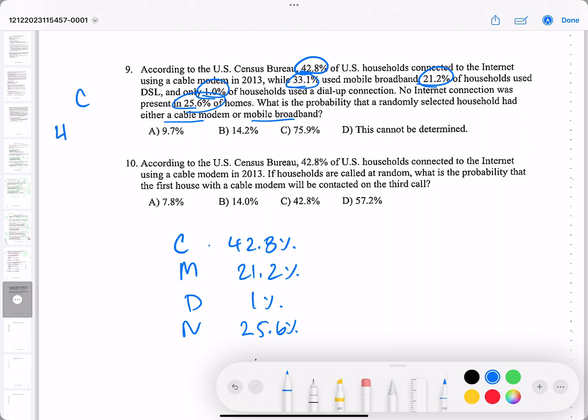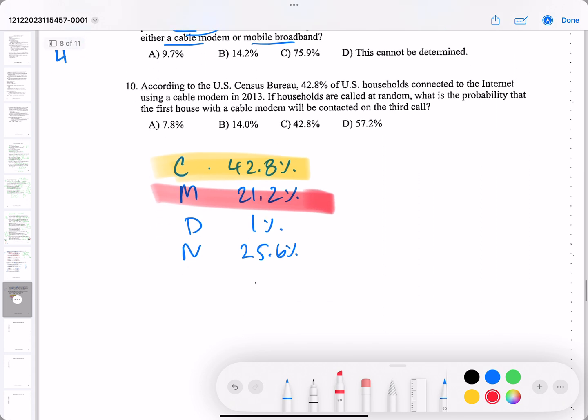Okay, so what is the probability the randomly selected household had either cable or mobile? Now, I know that cable is here and mobile is here. Now, if we add all these percentages up, let's see what we get. We get 101.6, so a little over 100%. So we've got some small overlap, it looks like.